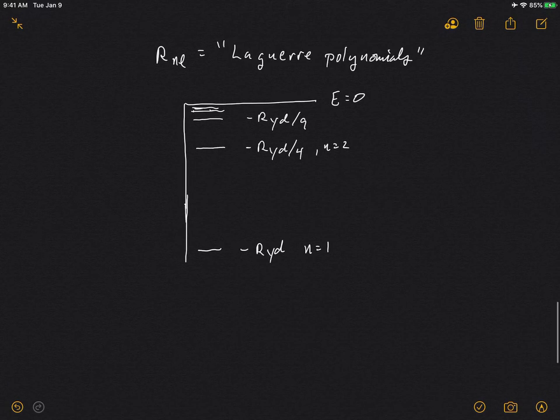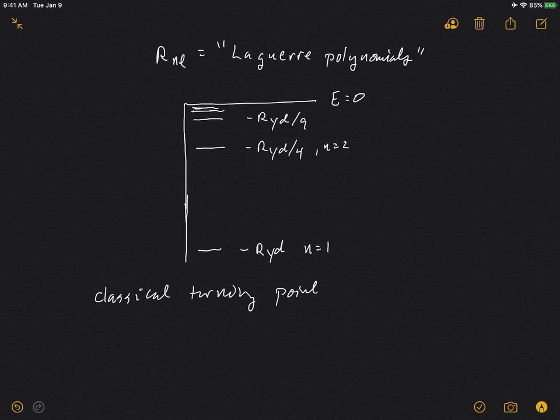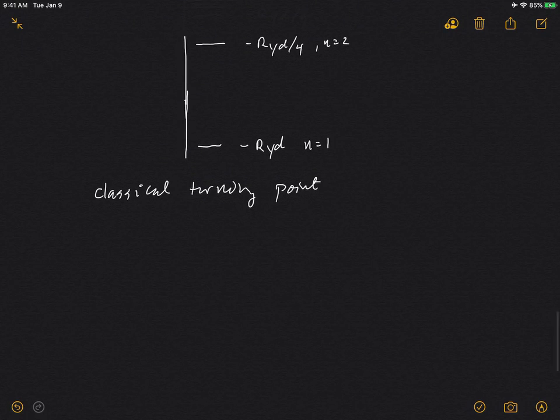However, before we plot the wave functions, let's look at our classical turning point, and maybe that'll give us some idea of what our wave functions will look like. So you may recall, in order to find our classical turning point, we essentially plot our quantum mechanical energy levels, which are a series of discrete energy levels that we can represent with horizontal lines in our energy diagram.